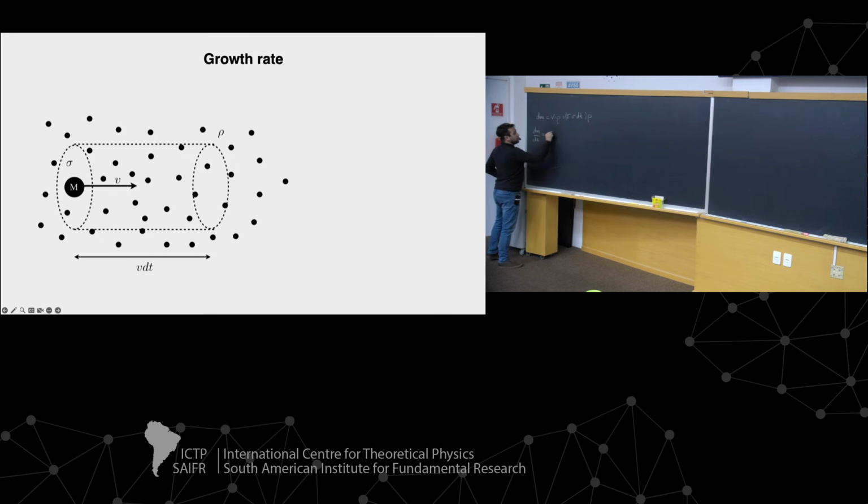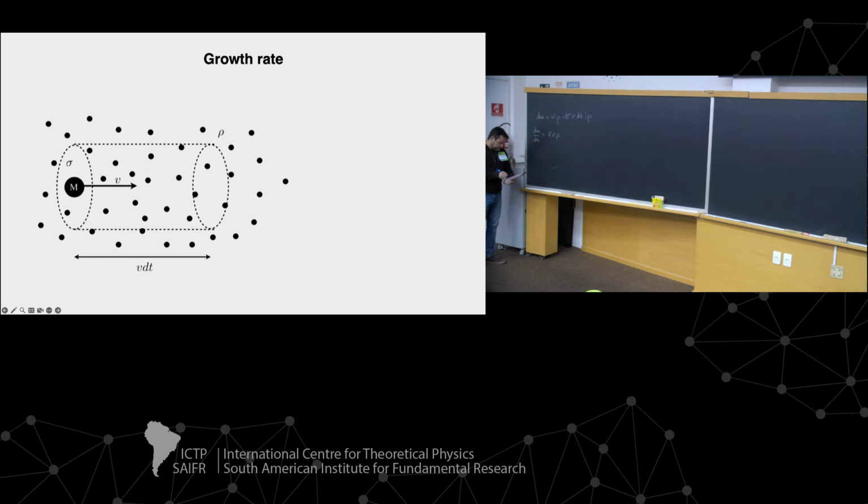So the growth rate of a planet going through this planetesimal swarm is given by this. The speed is the orbital speed. The density is the number density of the planetesimals in this volume. What is different here is what the cross-section sigma is. The cross-section is not simply the geometric cross-section, because it is augmented by the gravity.